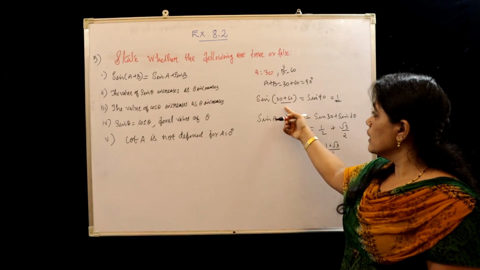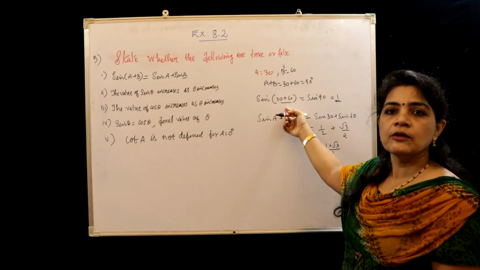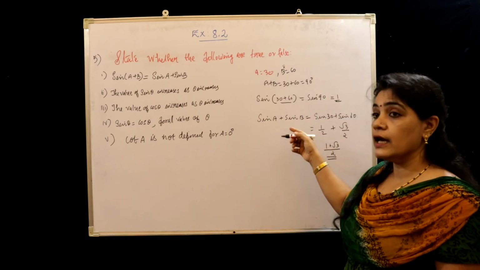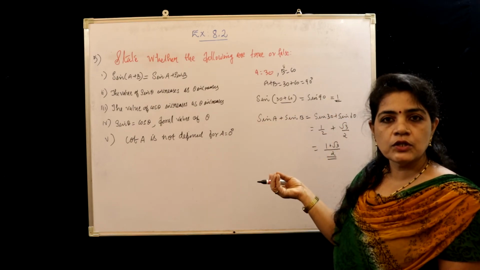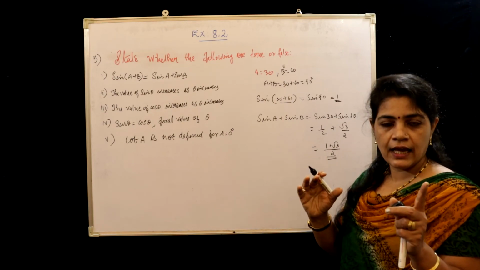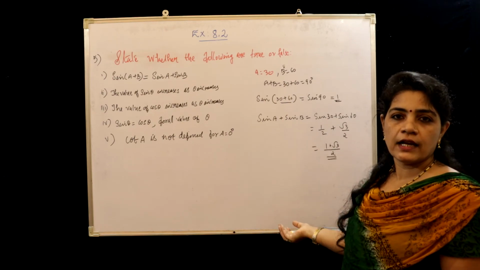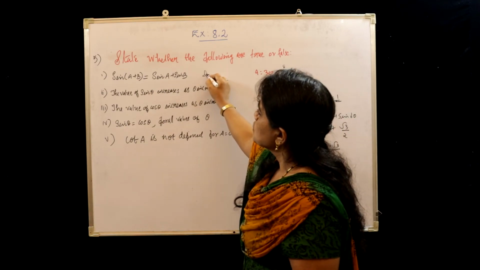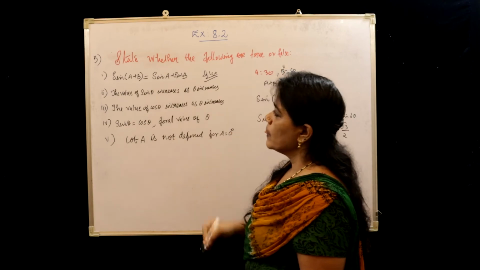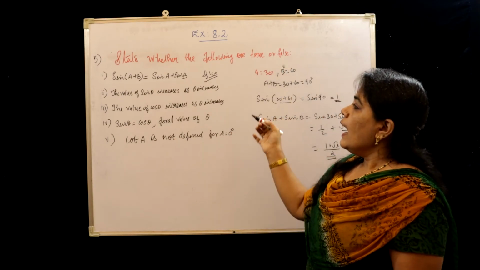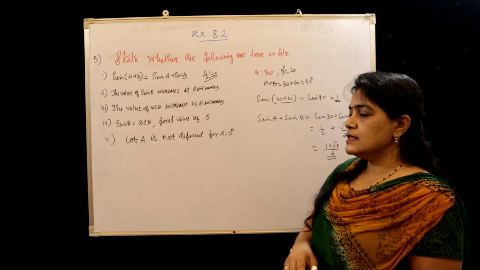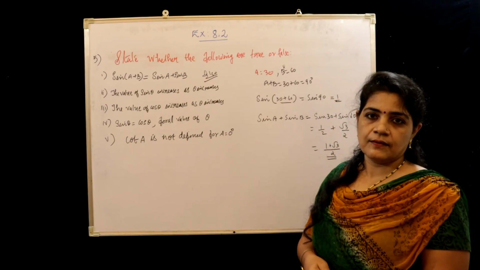But what we have got here? Sine of 30 plus 60, sine of A plus B, is equal to 1. Here sine A plus sine B. If you substitute the same angle for sine A plus sine B, we got a different answer. So, you can say that this is a false statement. This is false. Understood?